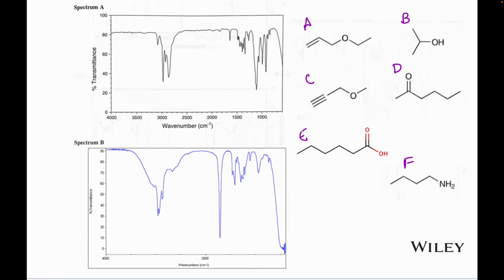Likewise over here, that little thing might not be important, but it might be important. It is a nice sharp peak in our double bond region. It's weak, right? But we can't just ignore it outright because it's not all the way to the bottom of the graph. All right. So some peaks are inherently weak, and we still have to look for them. So it turns out for this one, you do want to pay attention to that double bond region.